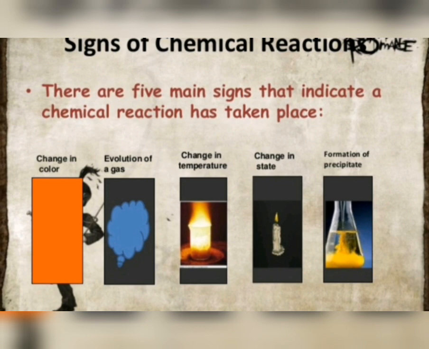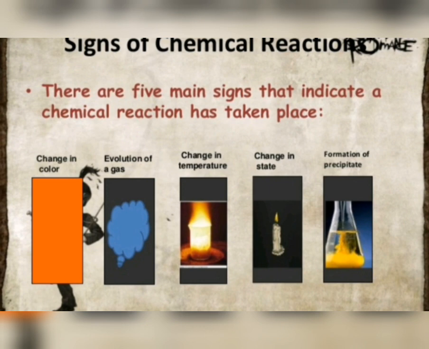So the important characteristics of chemical reactions are evolution of a gas, change in color, change in temperature, change in state, and formation of precipitate. And any one of these general characteristics can tell us whether the chemical reaction has taken place or not.